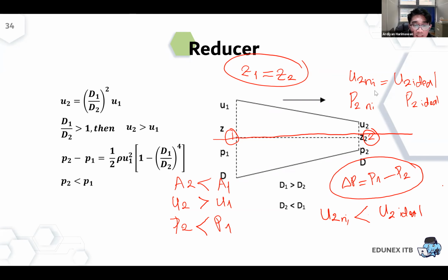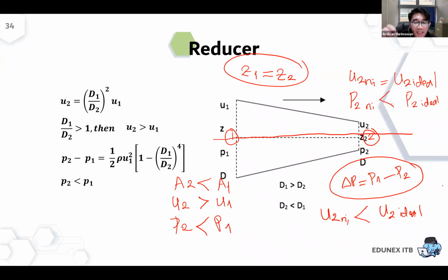So for this case, pressure at point 2 in non-ideal, in real condition, is it lower or higher than in ideal condition? Pressure in point 2, I believe it is lower, if I have to guess. Okay, your guess is correct.